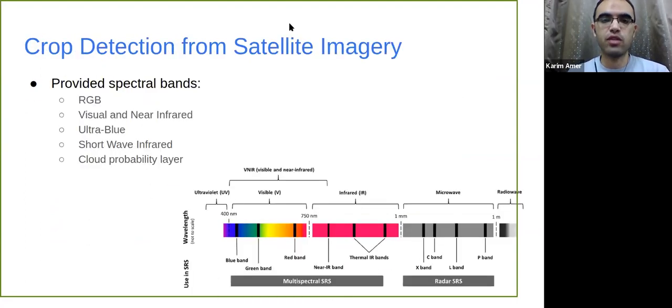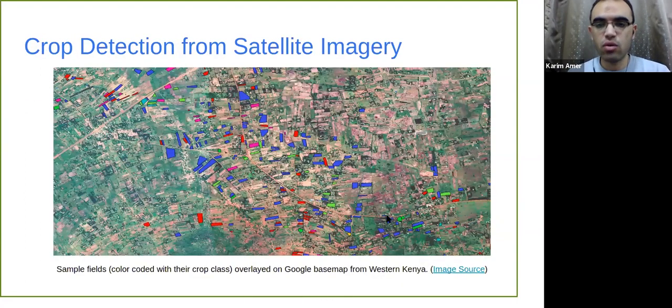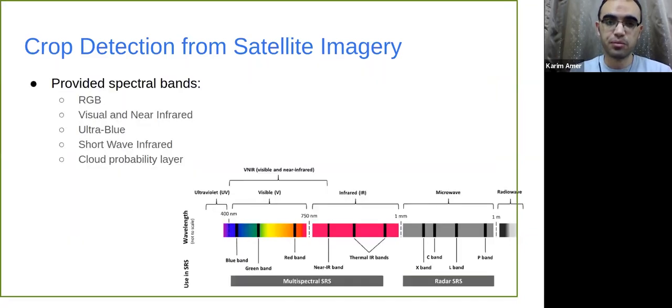For this box, I calculate the center pixel of it, and then take a 32 by 32 rectangle around this center to enclose all the pixels of the field inside this 32 by 32 batch.